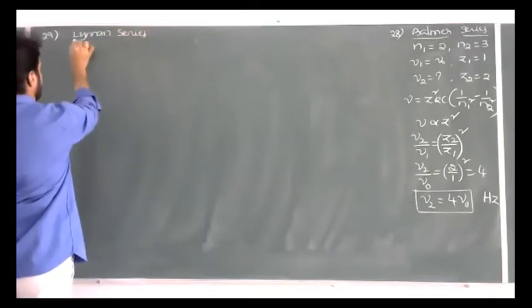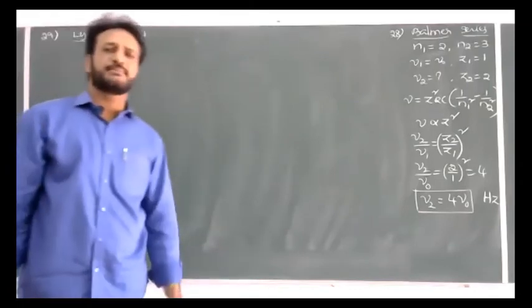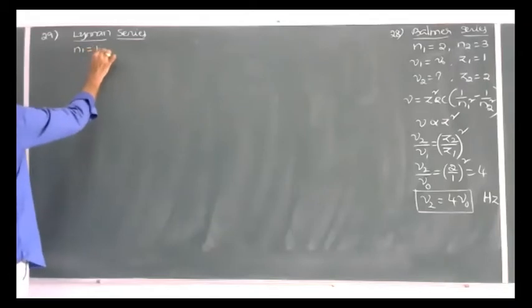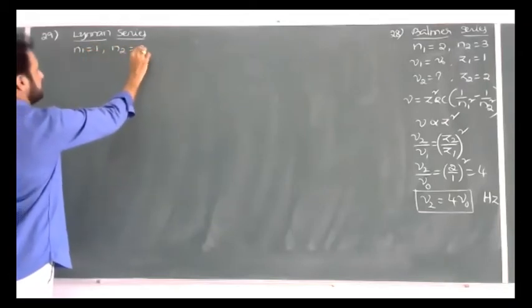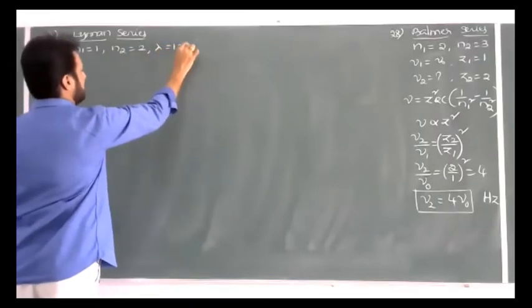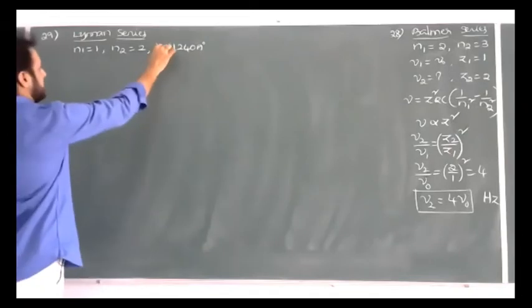So first I'll take here: given the longest wavelength of the Lyman series. Longest wavelength of the Lyman series means N1 is equal to 1, N2 is equal to 2, and the wavelength given, lambda 1, is equal to 1240 angstrom.